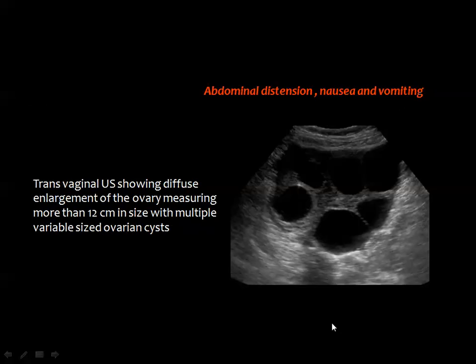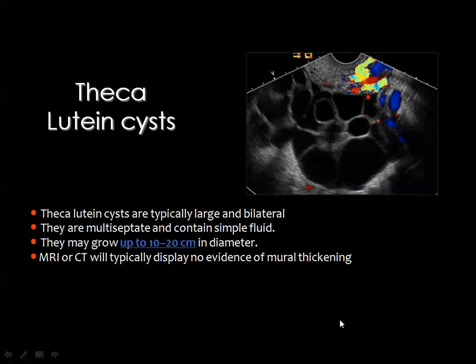Then this is an example of the theca lutein cyst. Sorry, this is an example of ovarian hyperstimulation syndrome, and you can see some of the sizable cysts in the ovary by ultrasound. Theca lutein cysts are large cysts, hypoechoic on ultrasound.